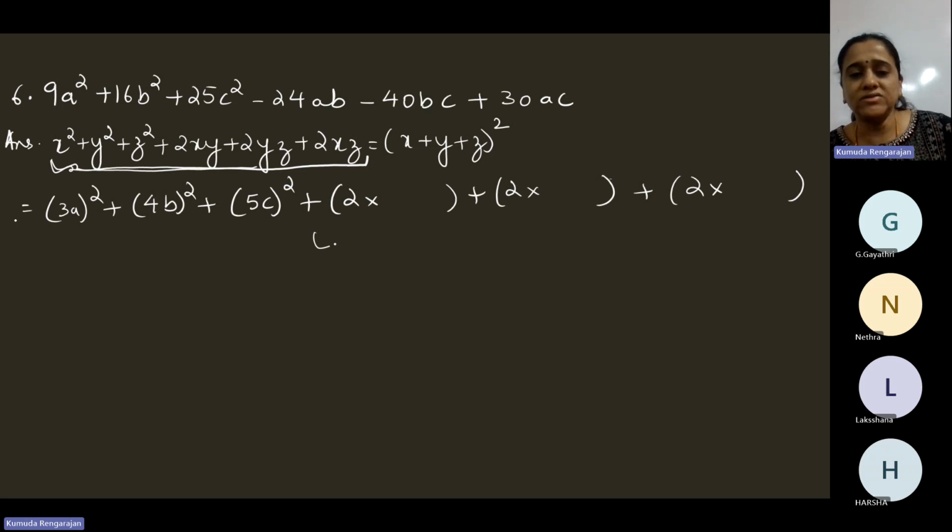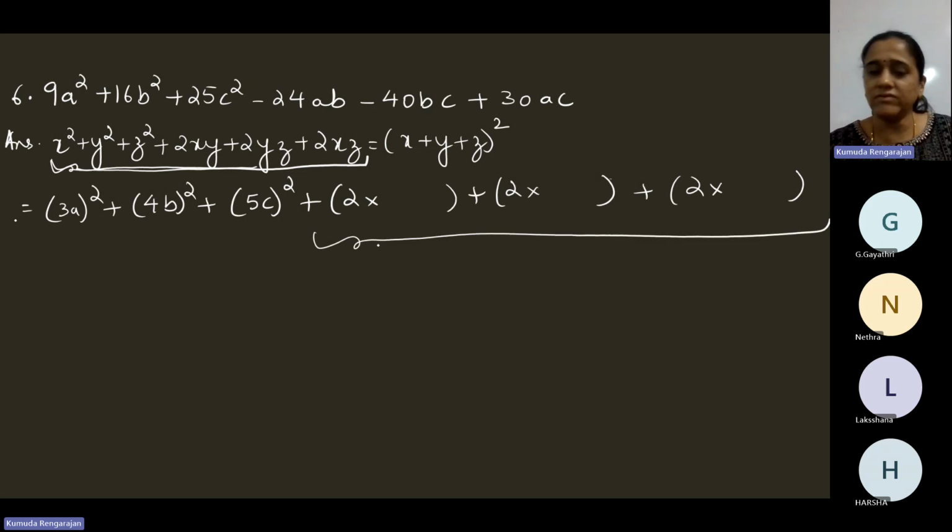Do we understand that all these three terms will be positive even after filling the values for x, y, and z? But in the question given, these two terms are negative. Now, which is the letter that is common? A, B, B, C. B is common.